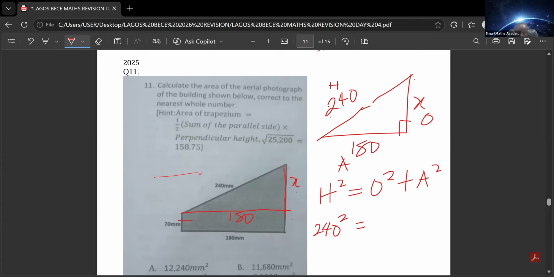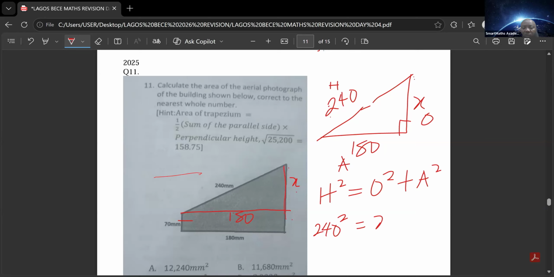Let me quickly calculate this. 240 squared is 57,600, minus 180 squared, that is 32,400. So let's subtract: 57,600 minus 32,400.